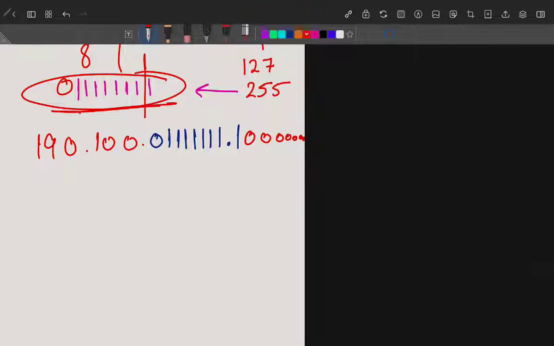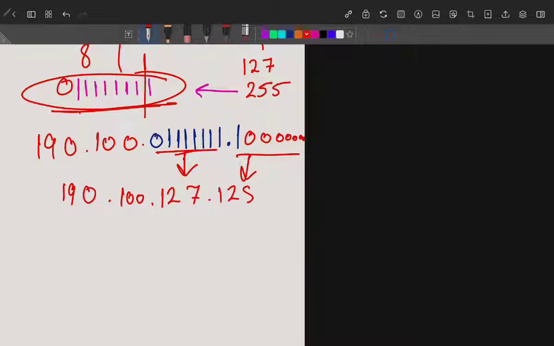Now convert this number to decimal. What do we then get? If you convert this number to decimal, 190.100.127 would become 190.100.255, and the subnet portion converts to 128.